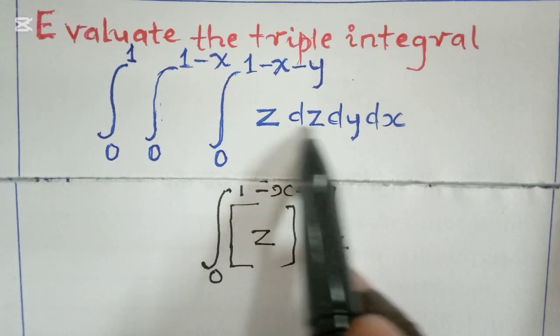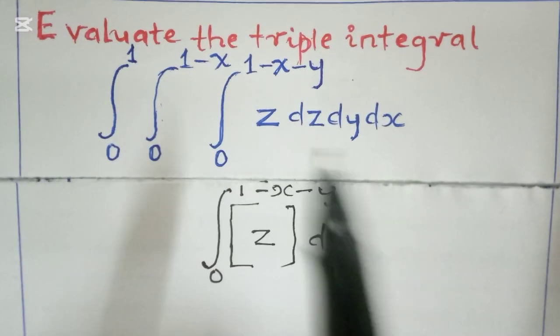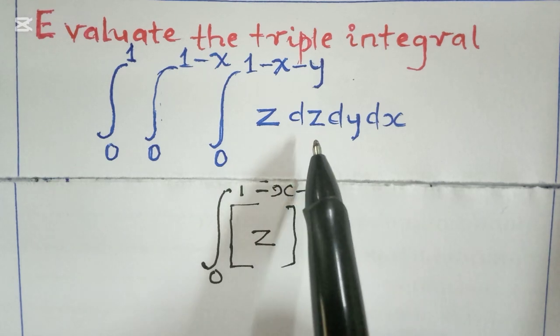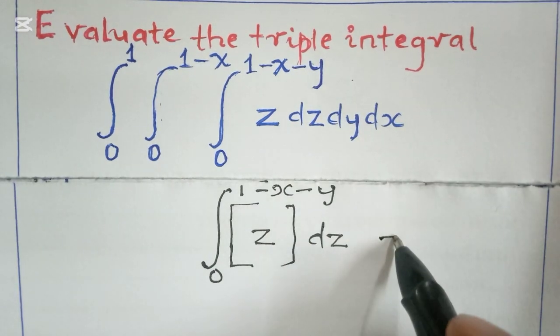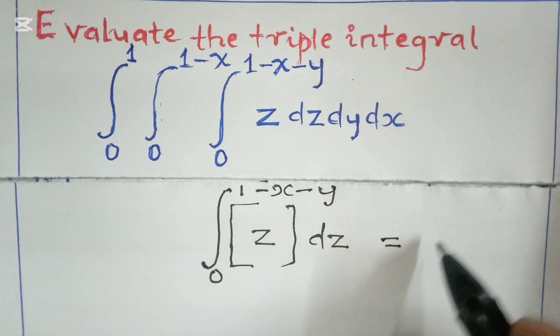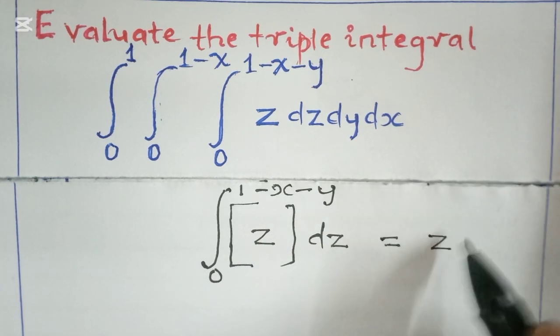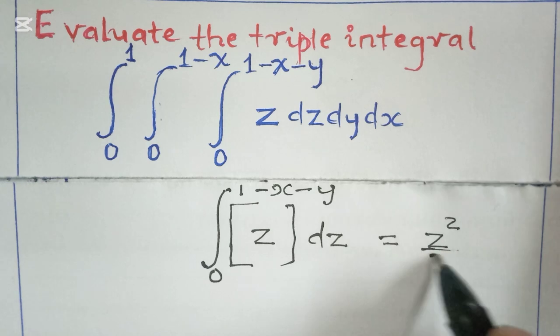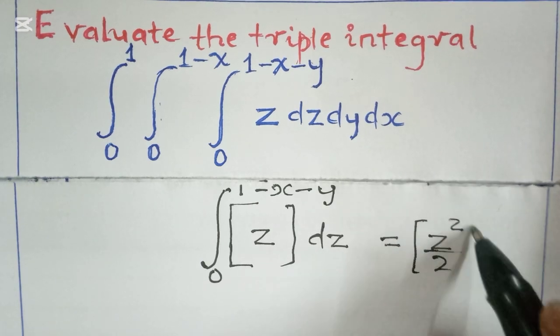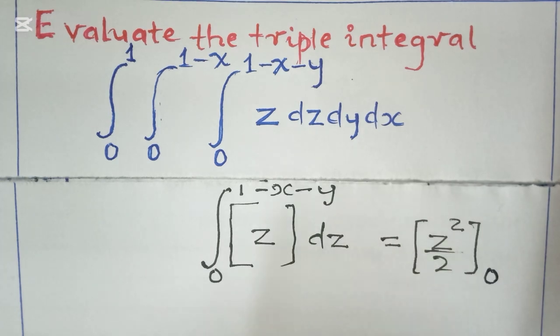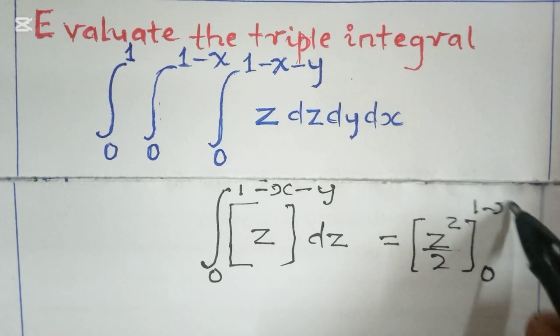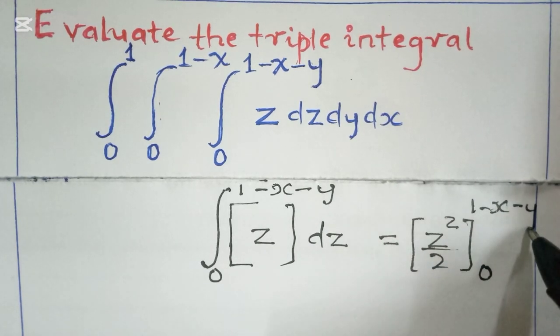So you start with the innermost, that is with respect to dz. So this one, guys, you're going to have the integral of z is z squared all over 2, and the limits are from 0 to 1 minus x minus y.